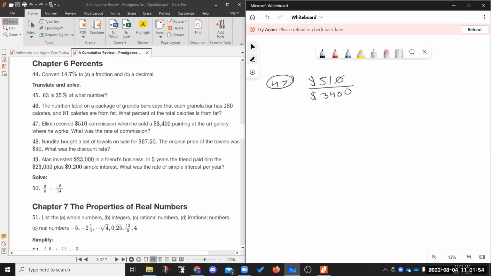The first thing that I can do to make life easier for me is divide numerator and denominator by 10. Okay. And now I can start dividing with long division.